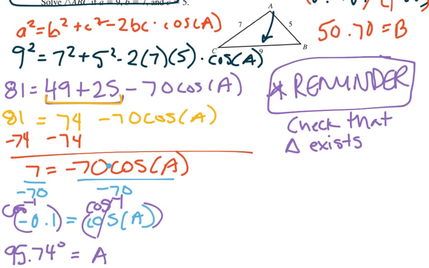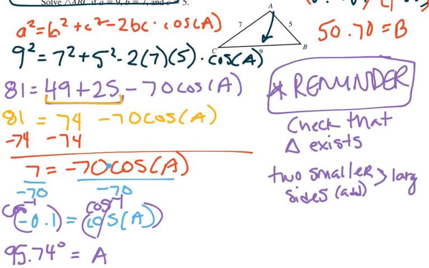Remember that the two smaller sides added together need to be greater than the largest side. Alright.